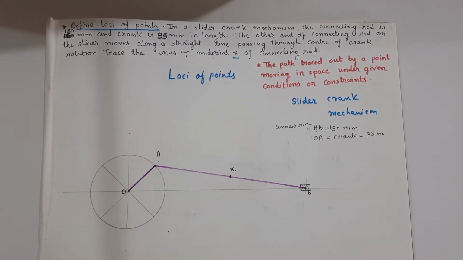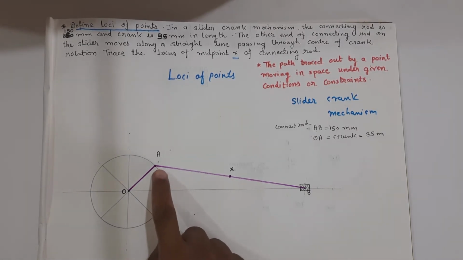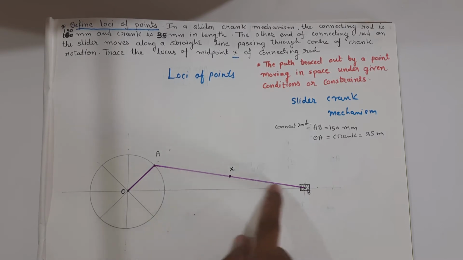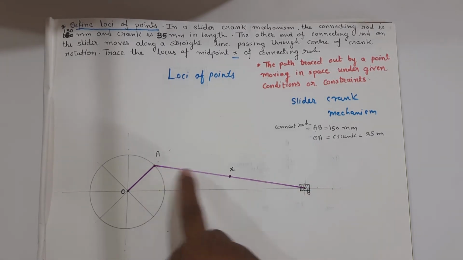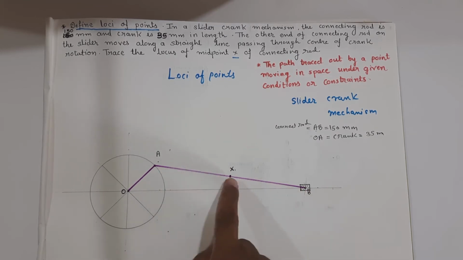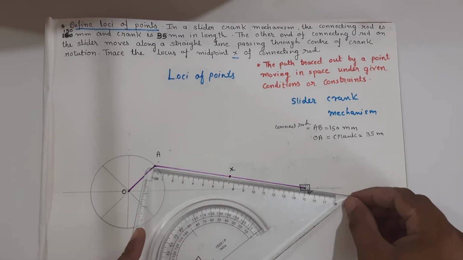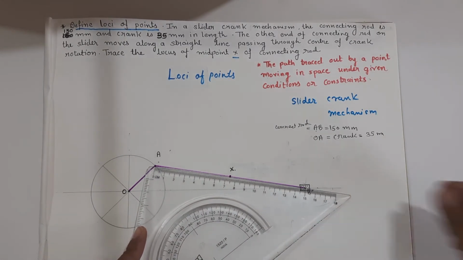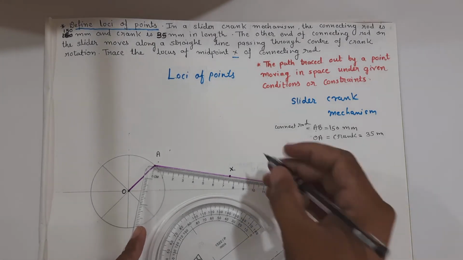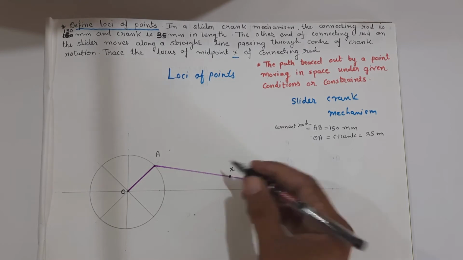The circle shows the locus of point A. Now we have to find out the locus of midpoint of the connecting rod AB. The midpoint of connecting rod AB is X. AB is 150 mm, so the midpoint of AB will be at 75. So we have to find out the locus of point X.